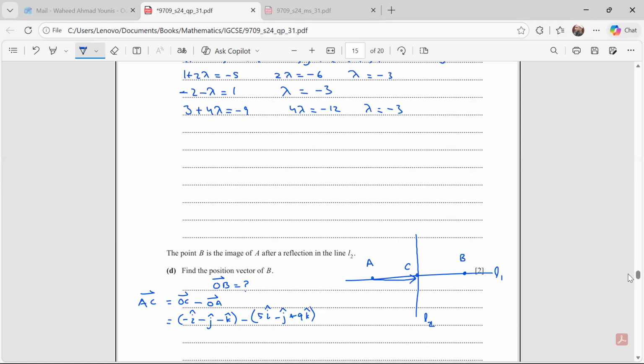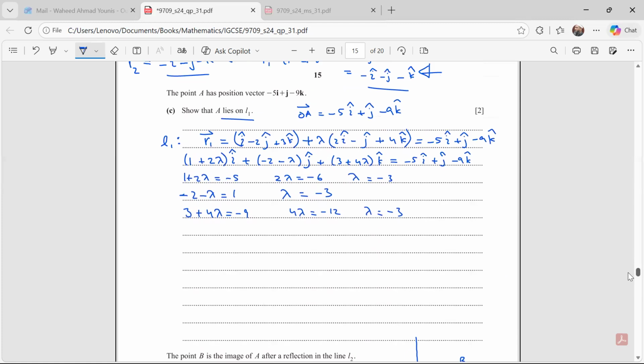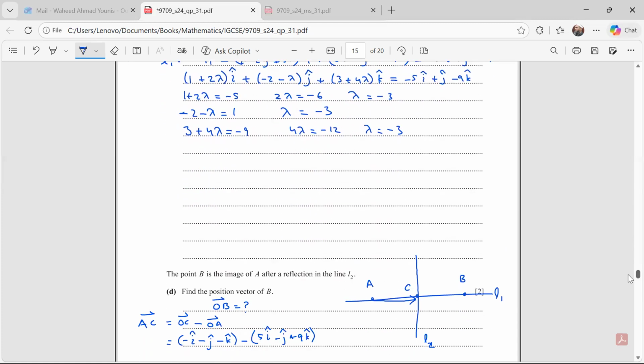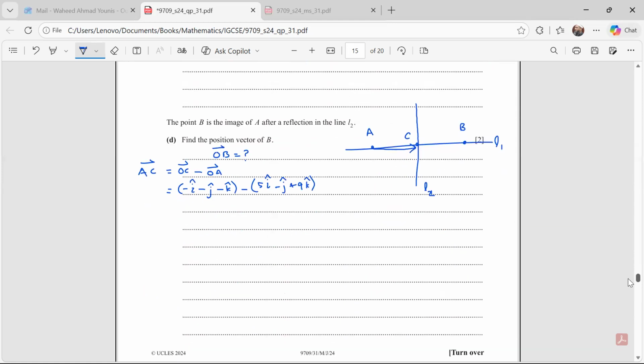Let me confirm here. Yes, OA vector is given by this one. Very good. So if I simplify it a little bit, you see minus 1 and minus 5, so this is minus 6i. Similarly, minus j and plus j, so it will be 0.